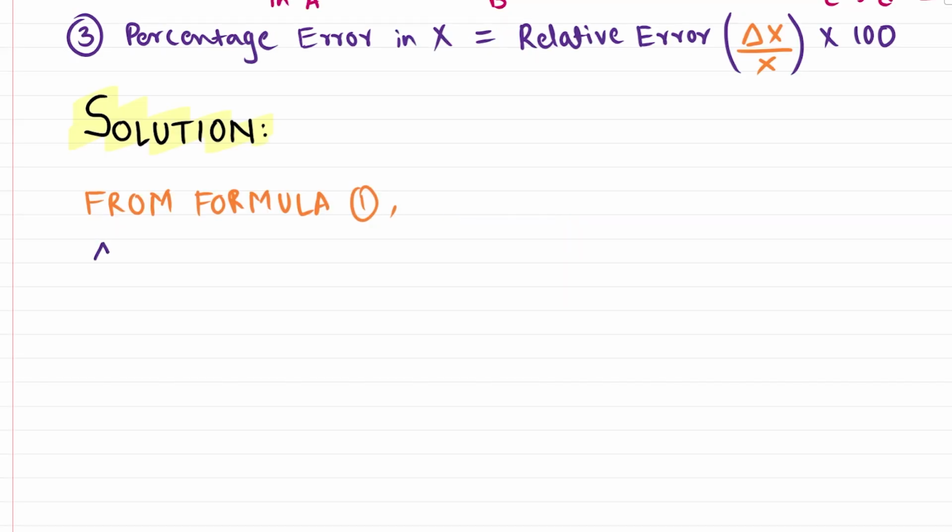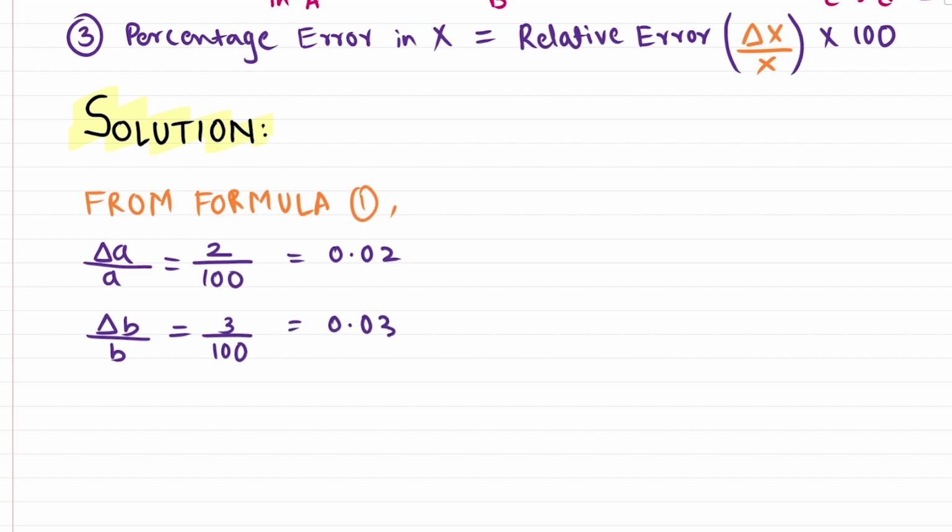Now the relative error for quantity A, represented by delta A upon A, is equal to the percentage error in A, which is 2 divided by 100. Okay. So this is given to us as 0.02. Similarly, the relative error in quantity B, delta B upon B, is 3 upon 100, which is 0.03. The relative error for quantity C, represented by delta C upon C, would be 3 upon 100 as well, because the percentage error is 3%, so it is 0.03.